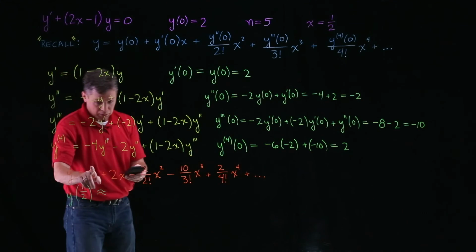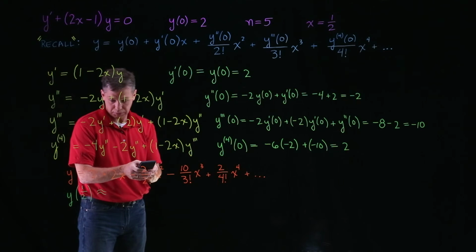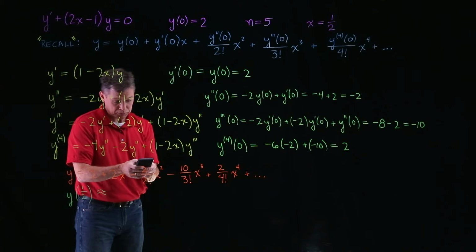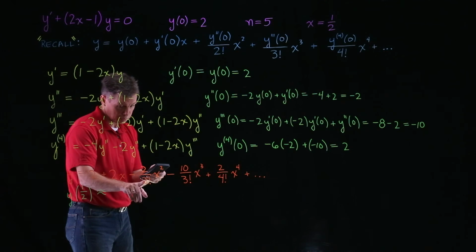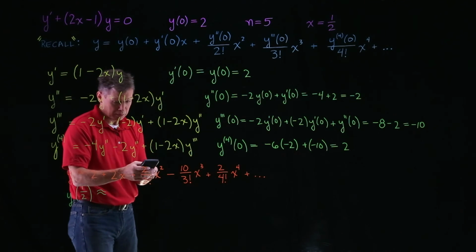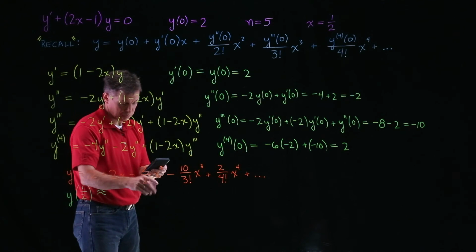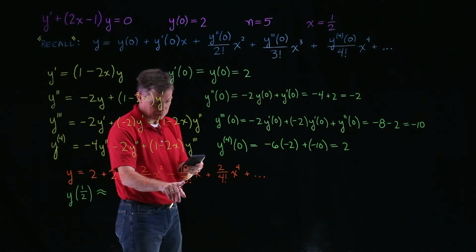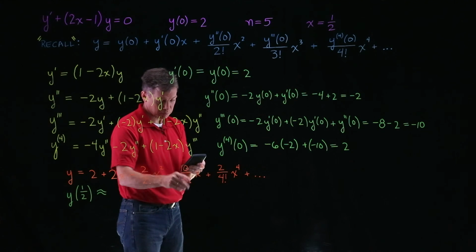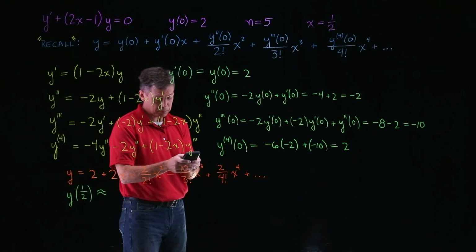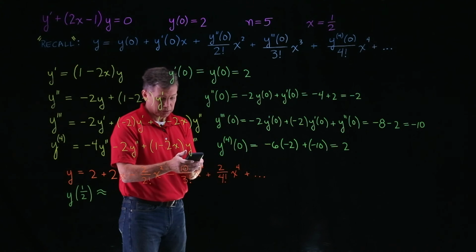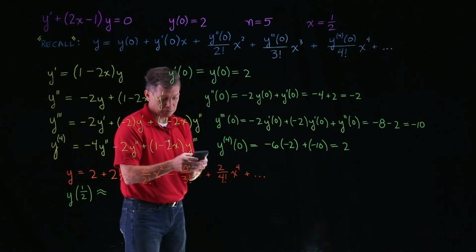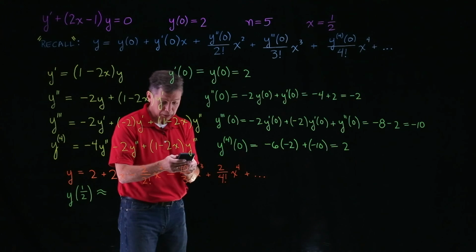and I'm plugging in 2 plus 2 times 1/2, which is 1, minus, and then 2 over 2 factorial, that's also just 1, times 1/2 squared, minus 10 over 6 times 1/2 raised to the 3 power, plus 2 divided by 24 times the 1/2 raised to the 4th power.